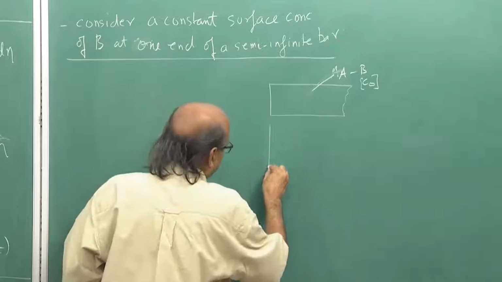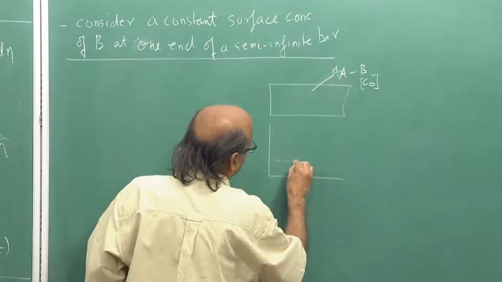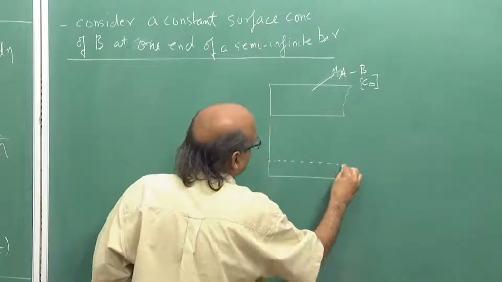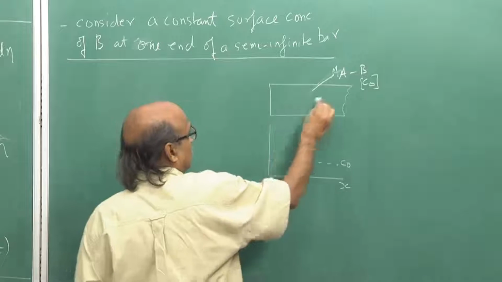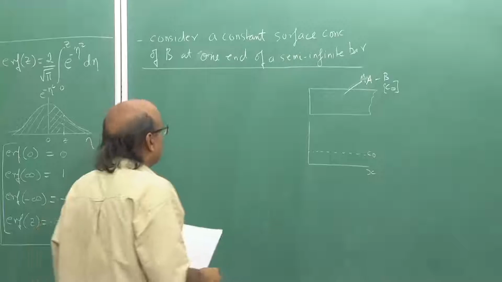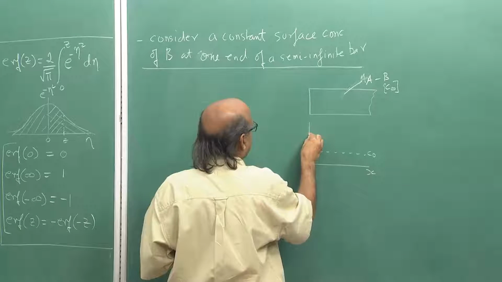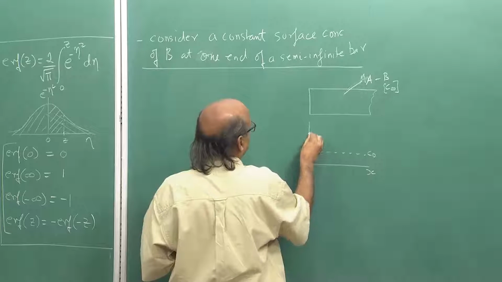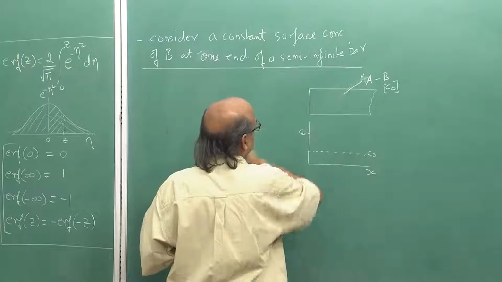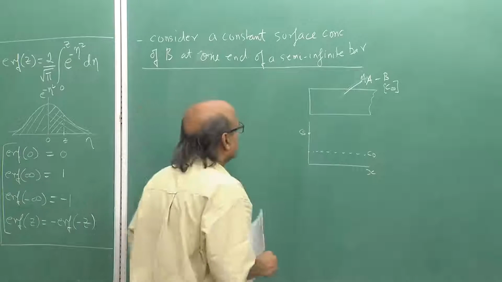So this is C0, that inside the bar there is a C0 concentration of B. The surface is kept at a concentration of B atoms as Cs, the surface concentration.